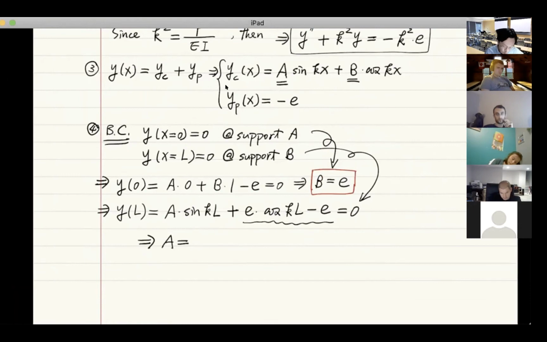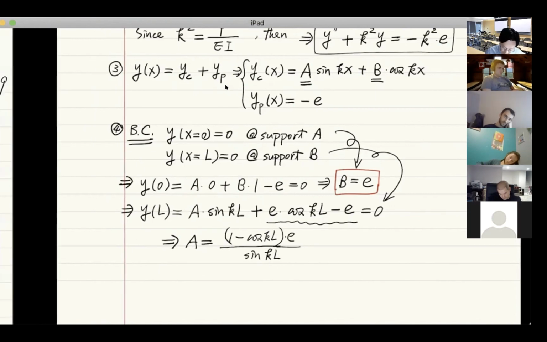So the expression of A is simply 1 minus cosine KL times e divided by sine KL. Just move things around, and that is our A.